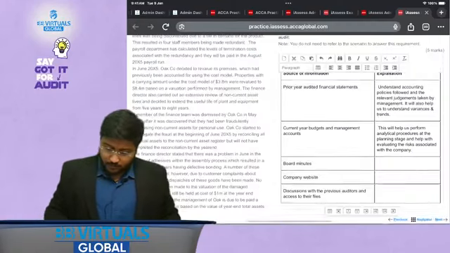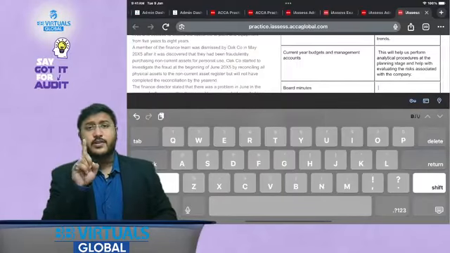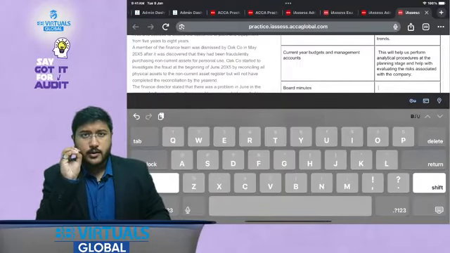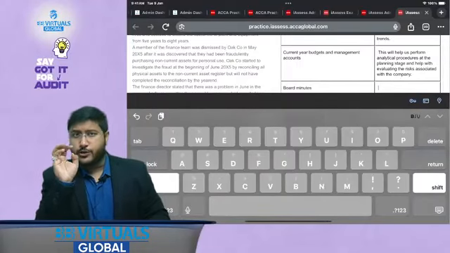Now board minutes. Board minutes give you one particular piece of information, that is, what were the issues that were discussed.